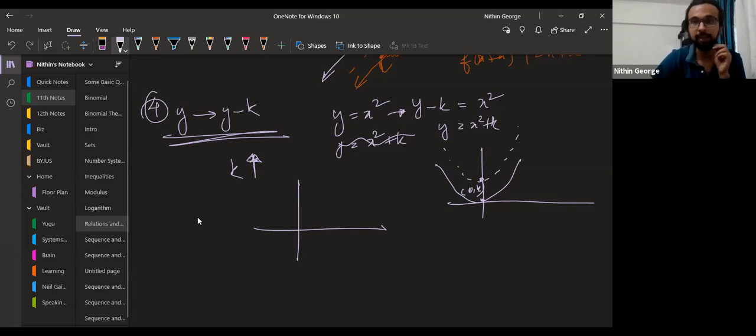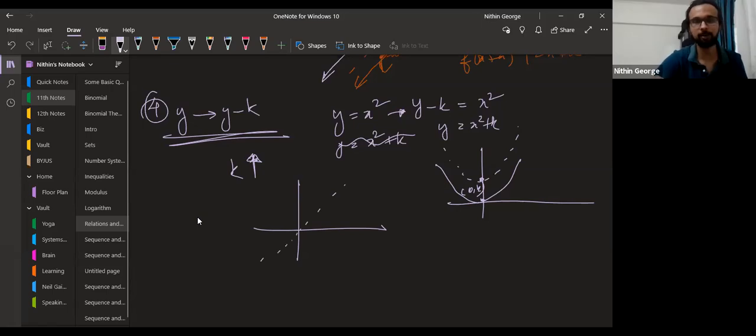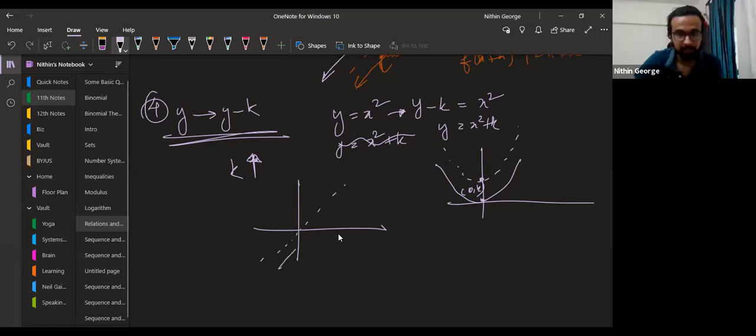Now, if I take a straight line, who was answering the straight line part? Me, sir. Okay, Aditya, listen carefully. Y is equal to x is a line. Now I'm looking at y minus k equal to x, y equal to x plus k.